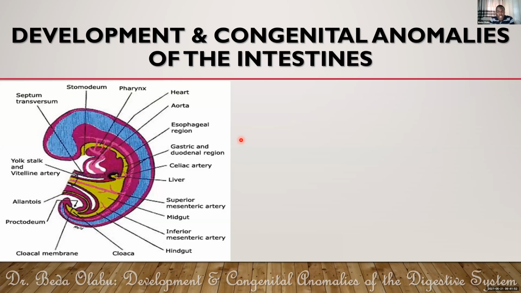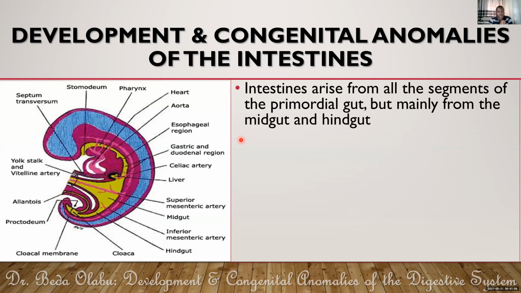So with regard to development of the intestines, still the story of endoderm giving you epithelium and glands is standard. Splanchnic mesoderm giving you connective tissue elements and smooth muscle is standard. Neural crest gives you the enteric nervous system.